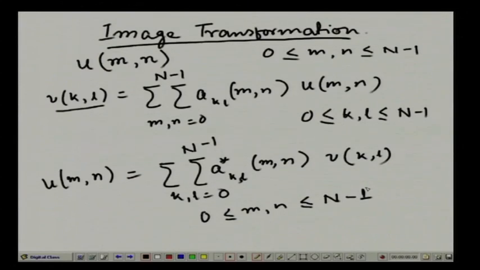So, in this case all of A k L, or A star k L m n, will be the unitary matrices. Now, what is the orthogonality property? What is meant by orthogonality property in the case of the matrix?